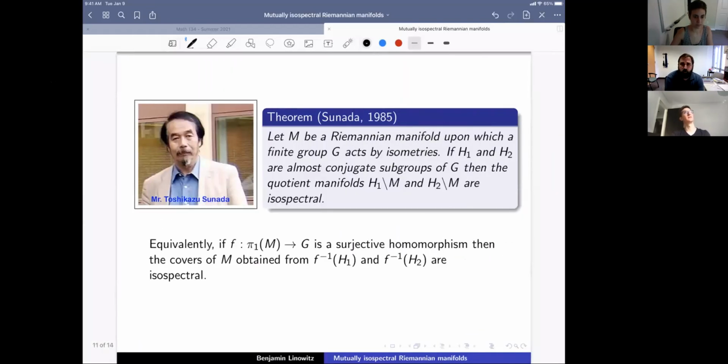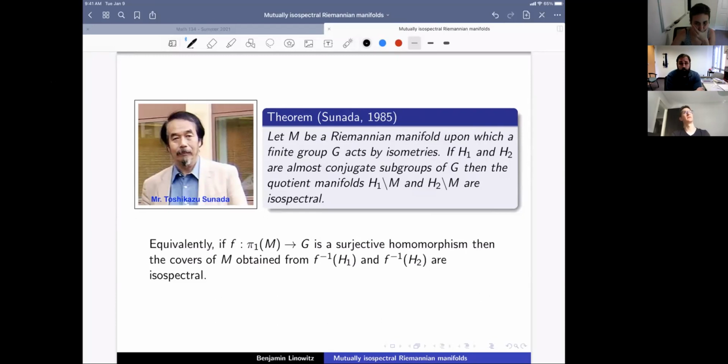The result of Sunada is, if M is a Riemannian manifold and a finite group G acts on it by isometries, and H1 and H2 are almost conjugate subgroups, then the quotient manifolds are isospectral. An equivalent statement, which I personally find a little easier to think about, is if you have a surjective homomorphism from the fundamental group of M to your group G, then the covers you get by pulling back the two subgroups are isospectral.